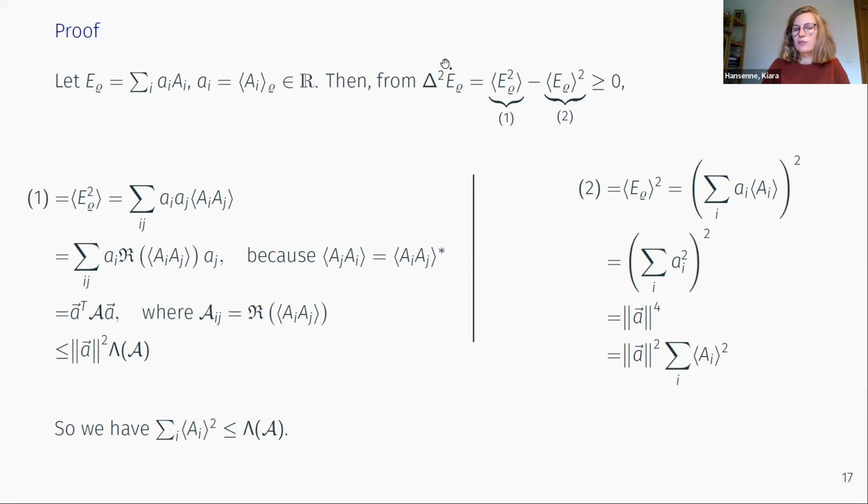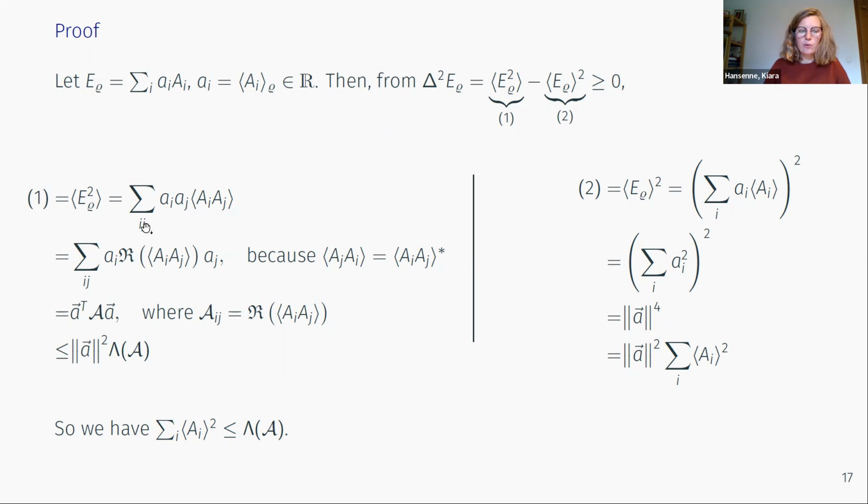Then you can just take the variance of this new operator, which can be expanded like this, and this is always larger or equal to 0 because it's a variance. Now we're going to rewrite those two quantities here. The first one we just expanded, taking the definition again and expanding it. And then we notice that if you take the expectation value of this product, all the imaginary parts are going to cancel out.